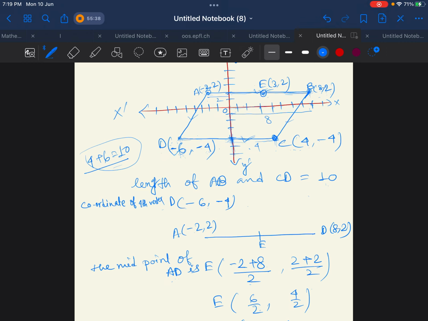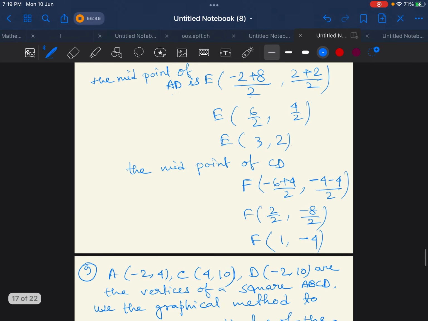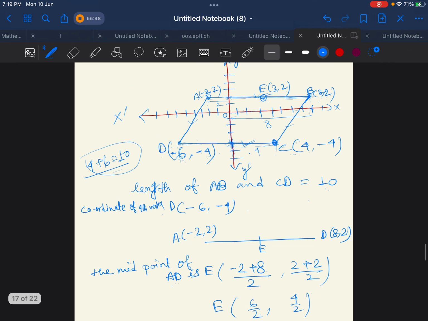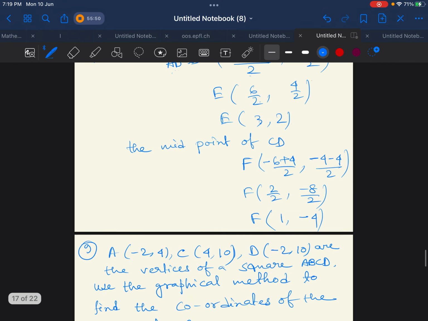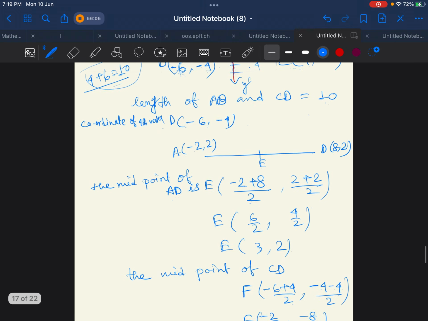Now we have to calculate the middle point of CD. Same here, we add minus 6 plus 4 by 2 and minus 4 plus minus 4 by 2. So this is minus 2 by 2, and this is minus 8 by 2.